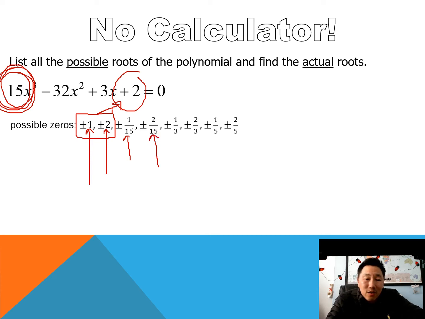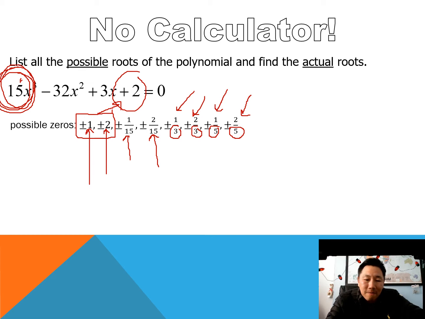But then we had to also do the factors of 15. So the factors of 15 were 3. So we had to do 1 over 3 and 2 over 3. And then 5. That's also a factor of 15. And then we had to do 1 over 5 and 2 over 5.